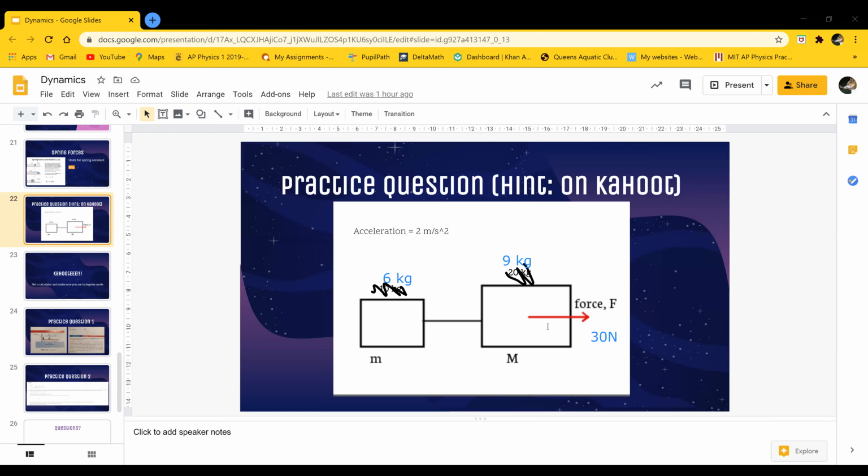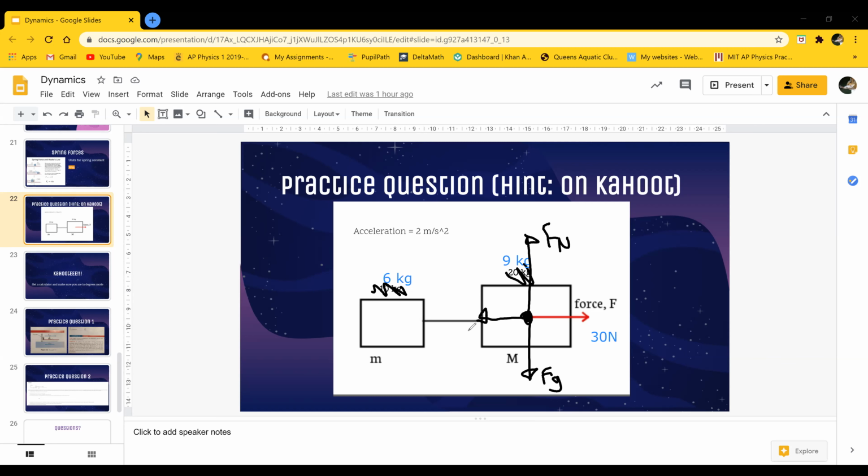Okay, so the way I would solve this problem first is drawing a free body diagram. So we have a dot in the middle. We know there's a FG, and we know there's a FN that's equal in magnitude. We know there's a force applied that is 30 newtons, and we also know that there's a force of tension, because there's a string.